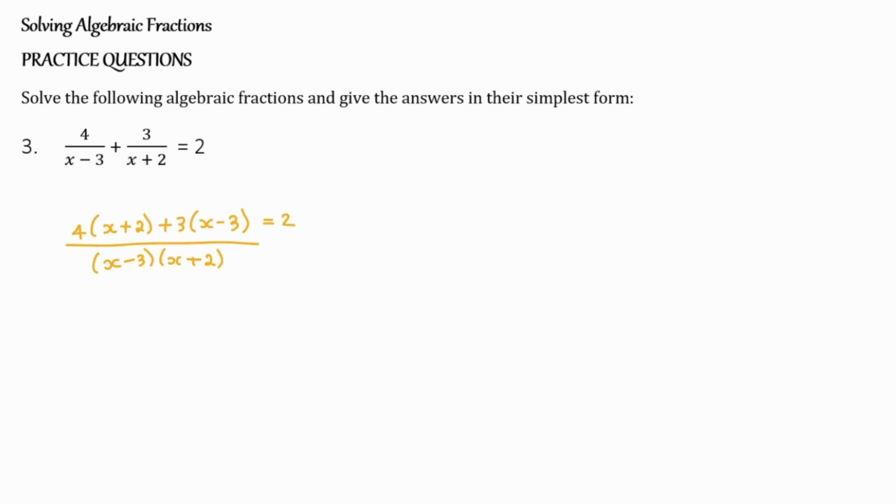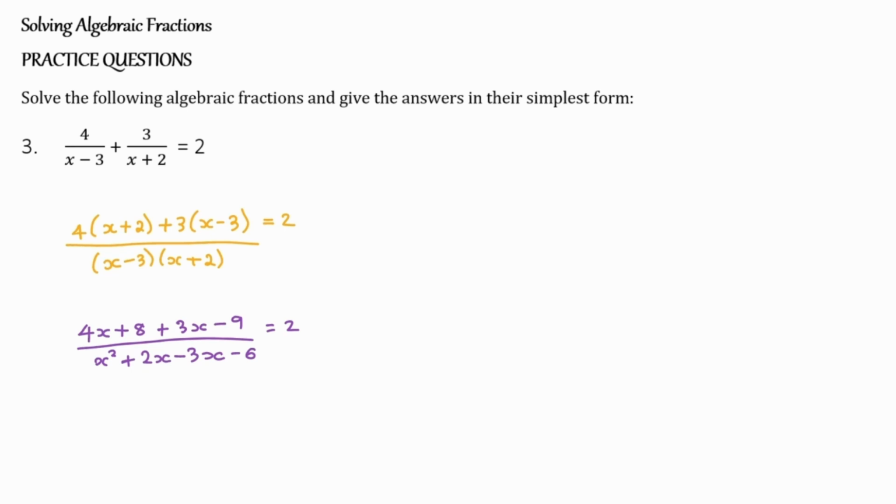We will now expand all the brackets in the numerator and denominator. So for the numerator, we will have 4x plus 8 plus 3x minus 9 over x squared plus 2x minus 3x minus 6. And this is all now equal to 2.